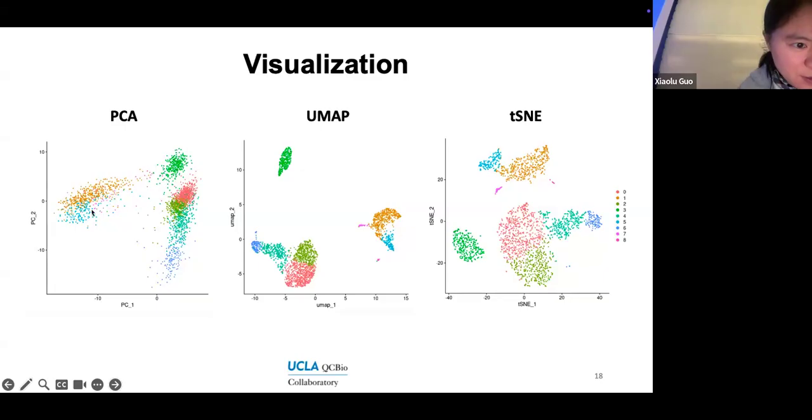This pink cluster is overlapping with others, and some clusters overlap with each other. UMAP shows better distinction between clusters, and t-SNE is a different version that also shows better distinction. And keep in mind that PCA is only a coordinate rotation.